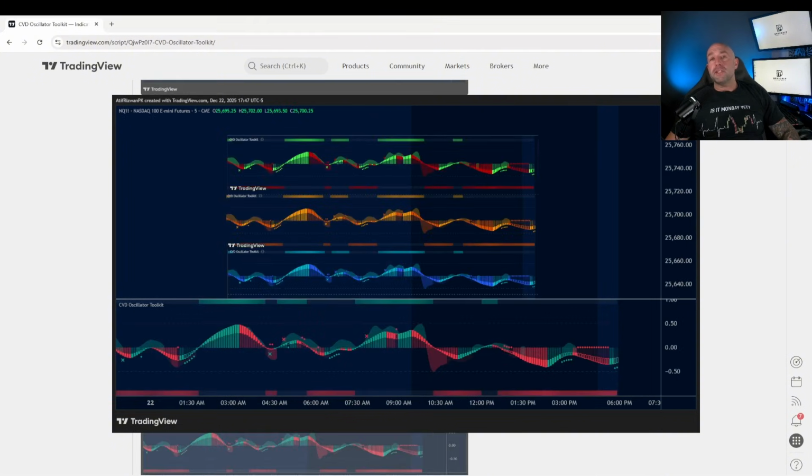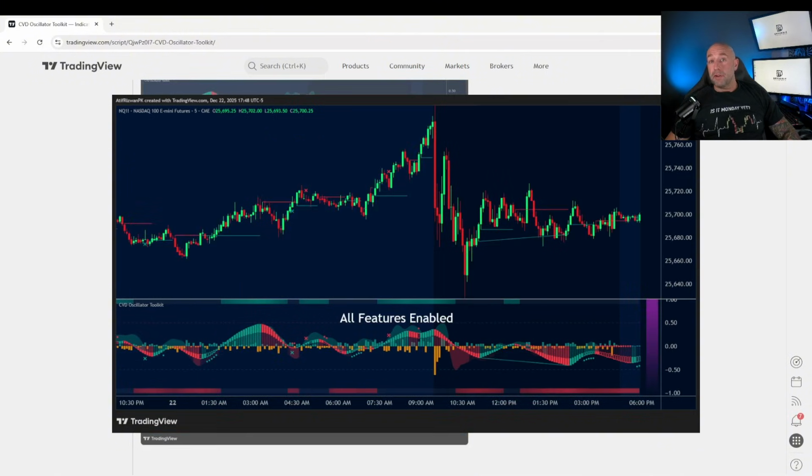The indicator includes multiple built-in color themes. Themes can be adjusted to suit dark or light chart backgrounds, varying screen brightness levels, and long trading sessions where visual comfort becomes important. Each theme affects key visual elements such as bullish and bearish colors, gradient intensity, cloud opacity, and overall contrast. There's also module visual controls.